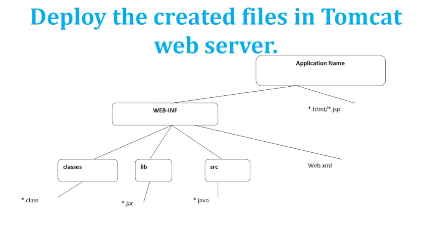What is the first folder? Classes. Second folder, library. Third one is src. In classes we have many .class files. In library we have one jar file. In source we have a Java file. In addition to that we have the web.xml, also the HTML file and the JSP file.